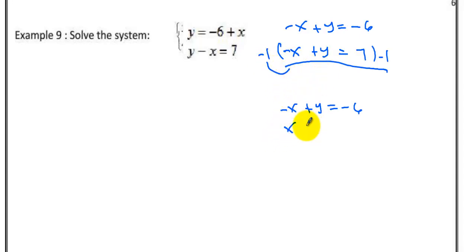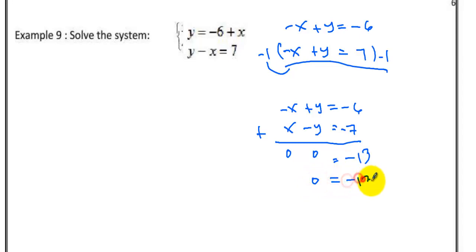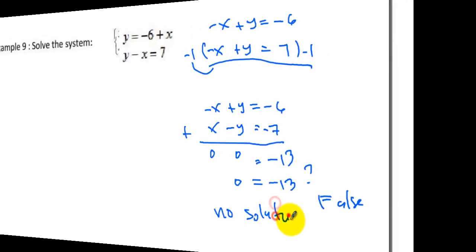Negative 1 times y is negative y. 7 times negative 1 is negative 7. Once we add, we'll get 0 here. 0 equals negative 13. Well, this is false. So we are going to say that for example number 9, it's no solution.